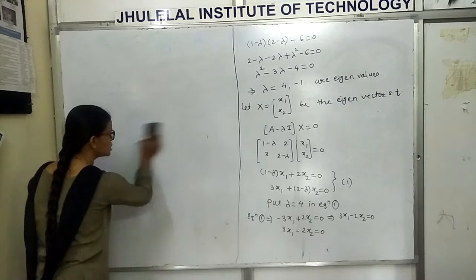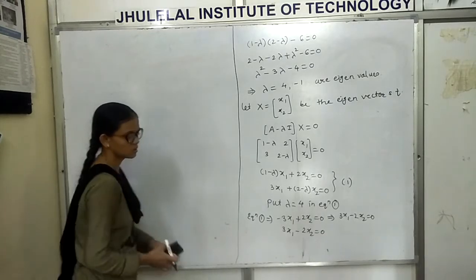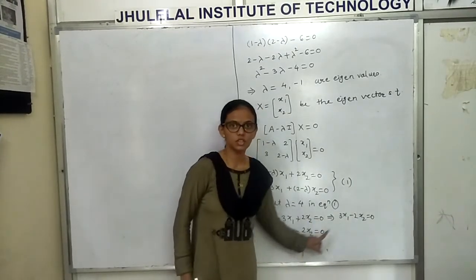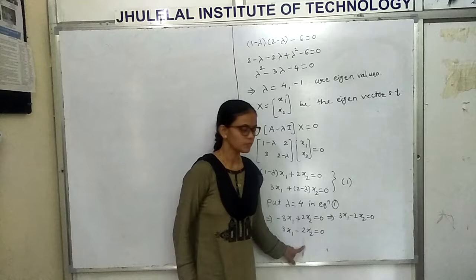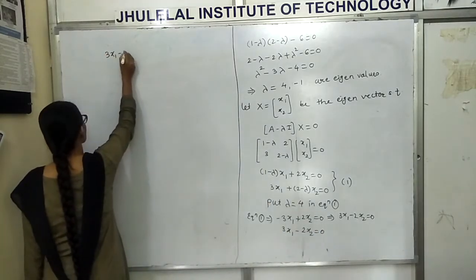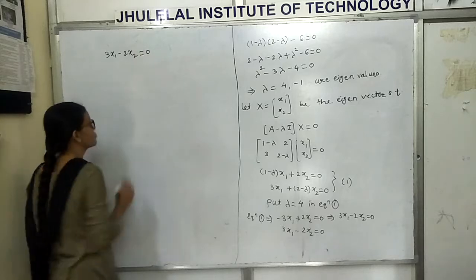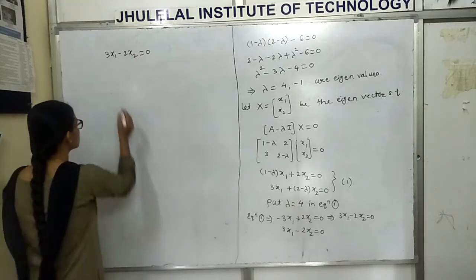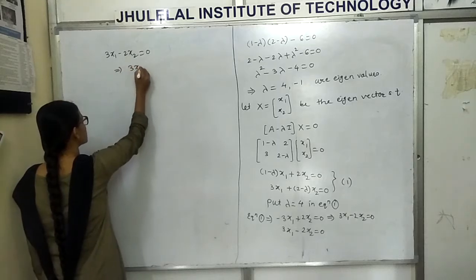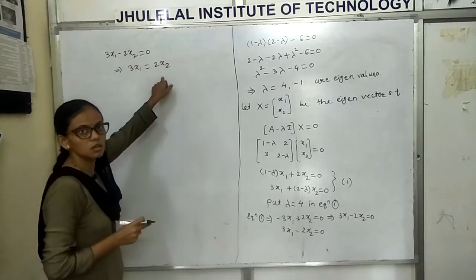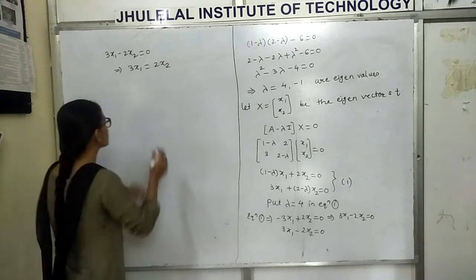Both equations are the same, meaning it is just one equation. Okay, so we have to solve only the single equation, that is 3x1 minus 2x2 equal to 0. In order to solve such an equation, shift the term of x2 to the other side, that is, minus 2x2 will be plus 2x2 here.